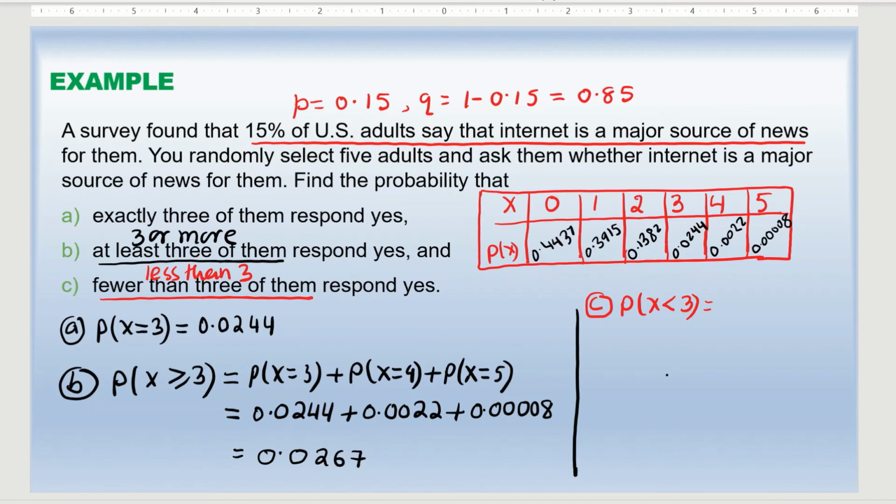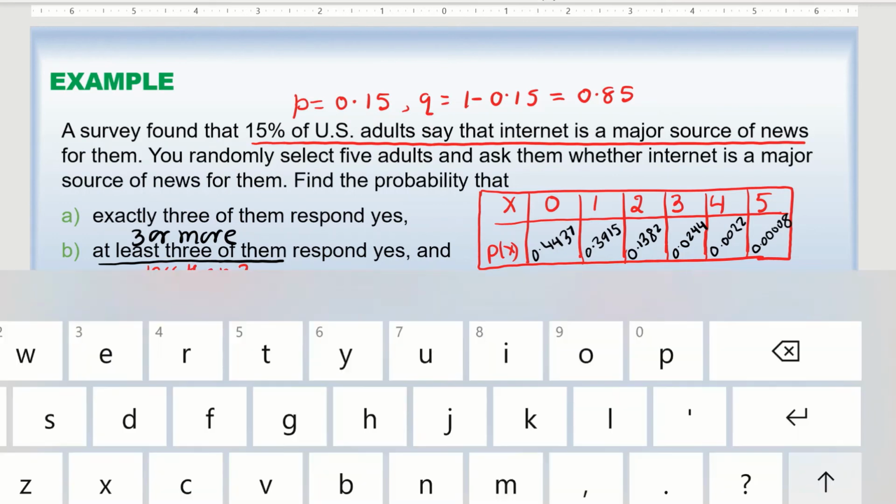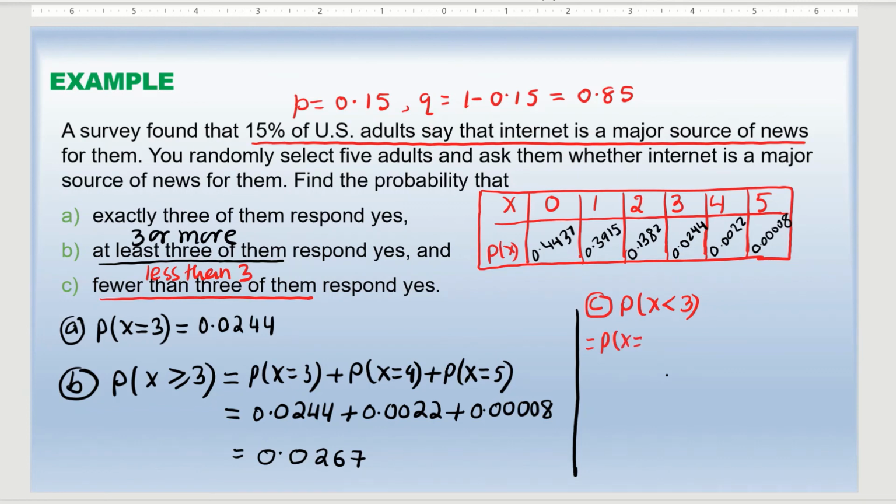So let me write this in the next line. This is equal to probability that x equal to 0 plus probability that x equal to 1 plus probability that x is equal to 2. Probability that x equal to 0 is 0.4437.